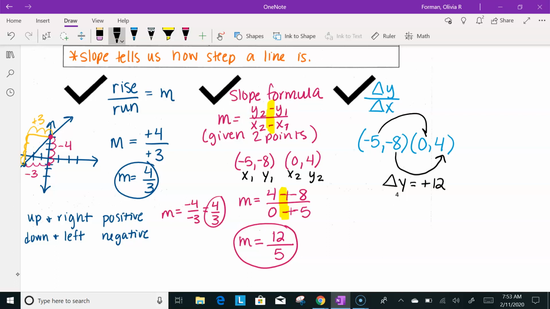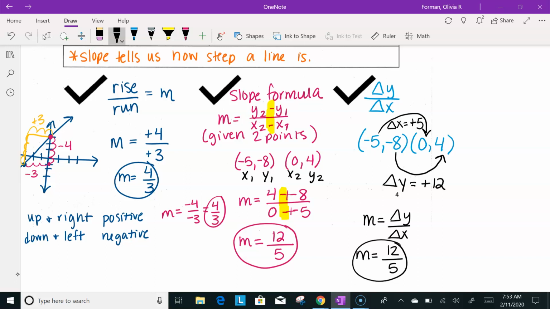To go from -5 to 0, that's my change in x. So to go from -5 to 0, I would have had to add 5. So when I go to write out my change in y over change in x, I've already found those. Change in y was 12, change in x was 5. And that's how I get my 12/5 as my slope there.